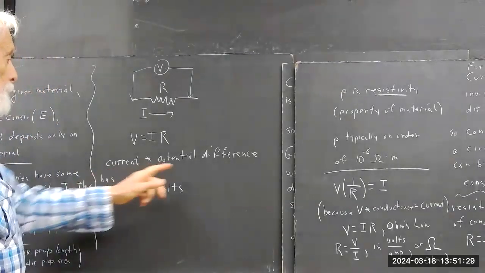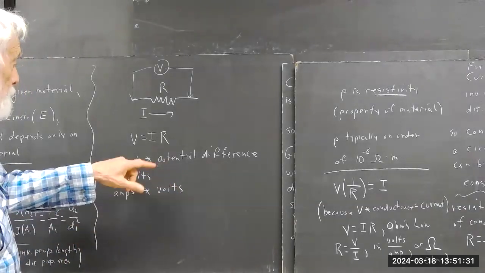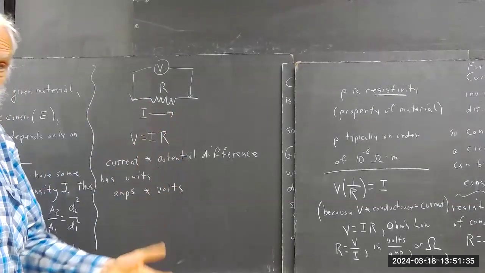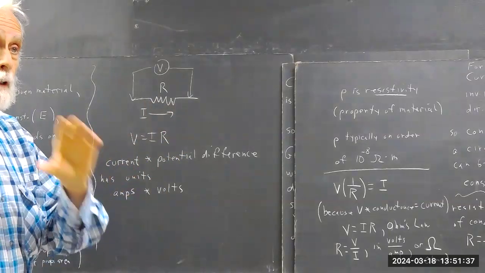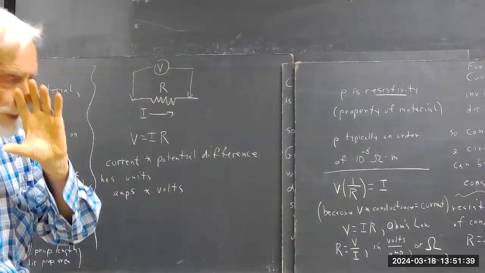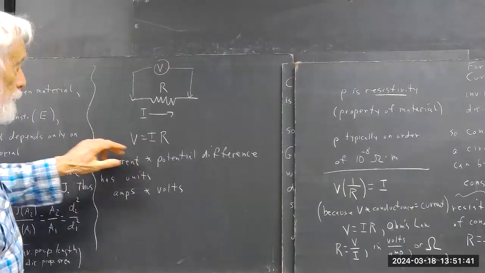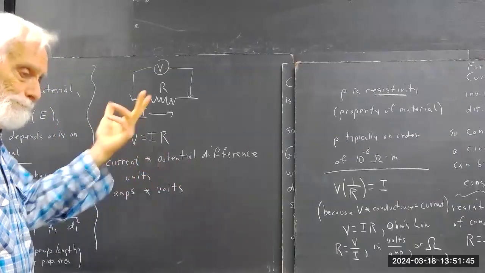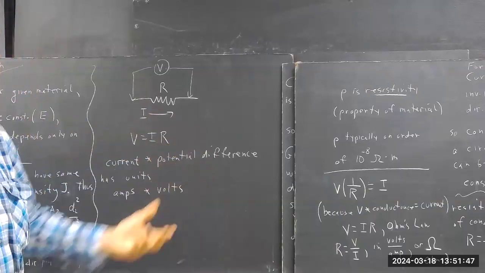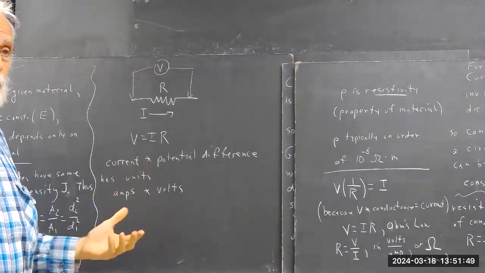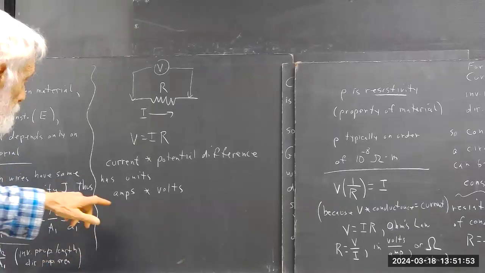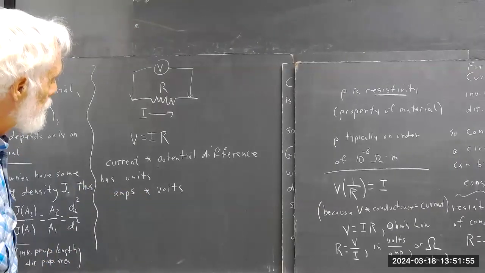Current times potential difference would be I times IR, which would be I squared R, which is also V squared over R. But we're not there yet. What I'm trying to get to is the meaning of current times potential difference. We're getting to power. What we just said was the definition of power. Okay. So we got amps times volts though.